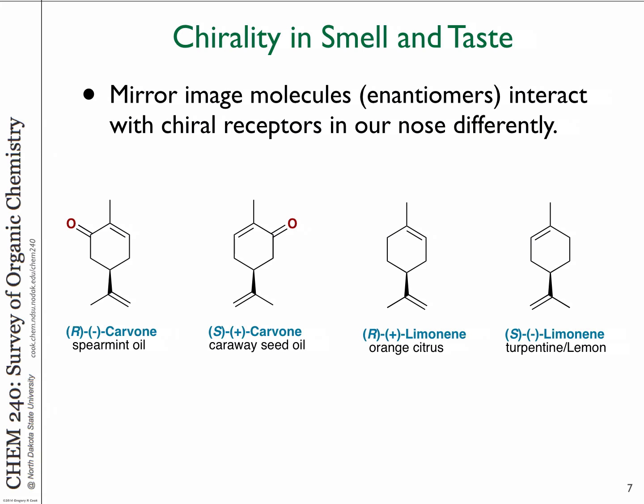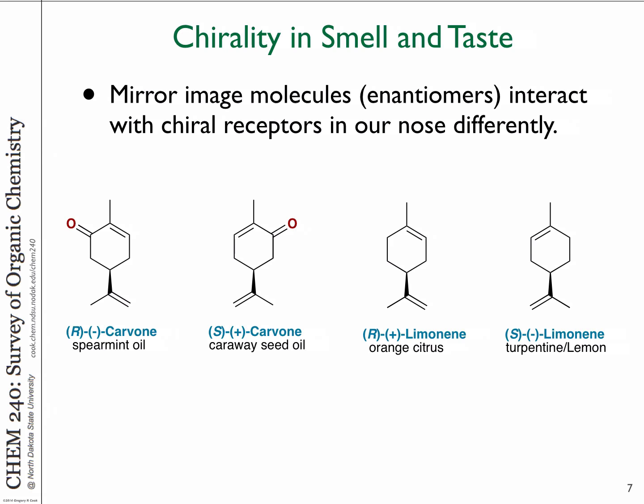Well, obviously, if proteins and enzymes and biomolecules are all made up of chiral molecules, then that manifests itself in biological properties as well, including things like how we smell and taste things. So when you're smelling something, you're actually detecting molecules.